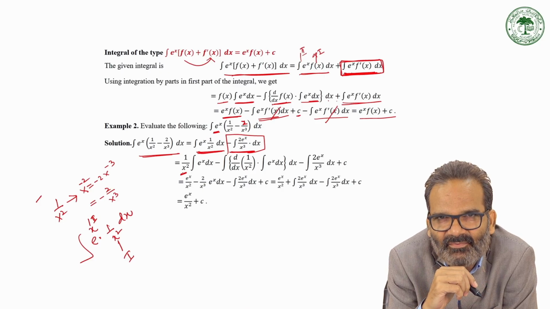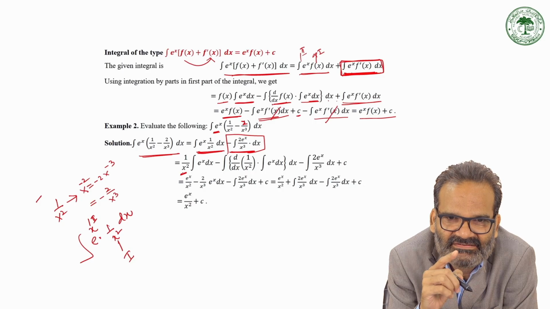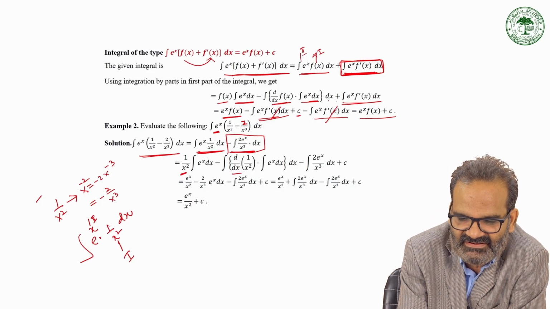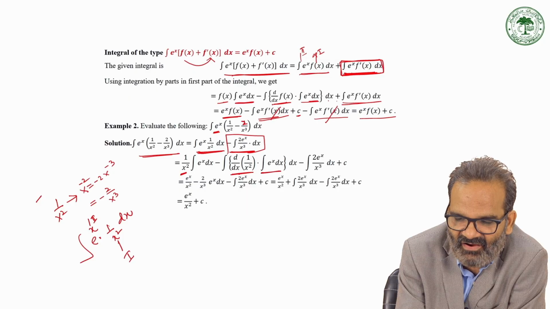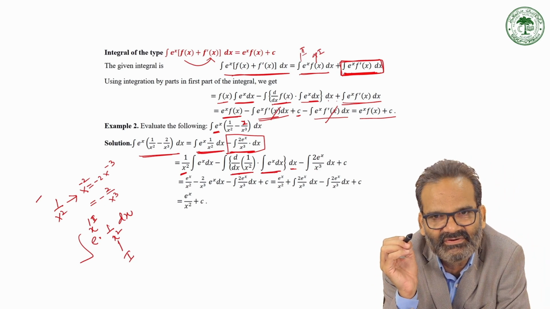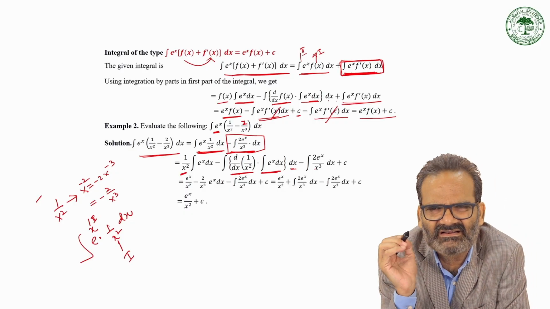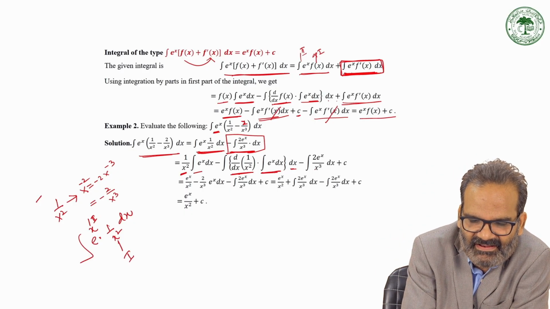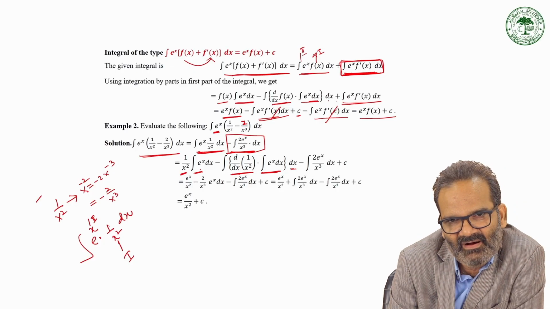First function is 1 upon x square, so d over dx of 1 upon x square, this we have mentioned, into the integral of the second function again, multiplied by dx. Minus the second term will remain as it is, 2 e raised to power x divided by x cube into dx, plus a constant c, which is always added.